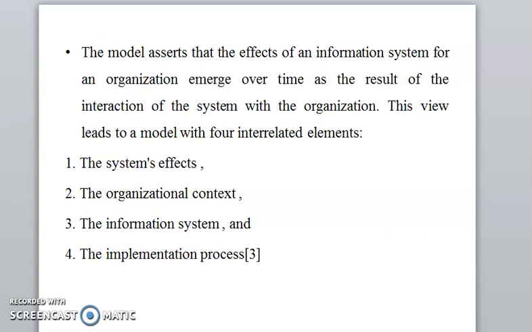This view leads to a model with 4 interrelated elements. First is system effects. Second, organizational context. Third, information system. And fourth is implementation process.